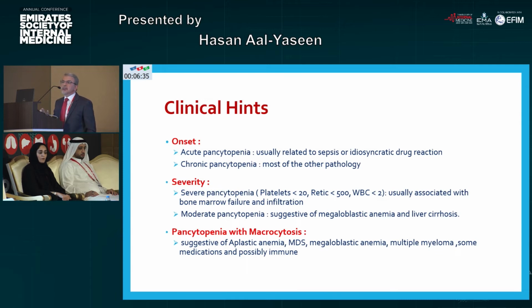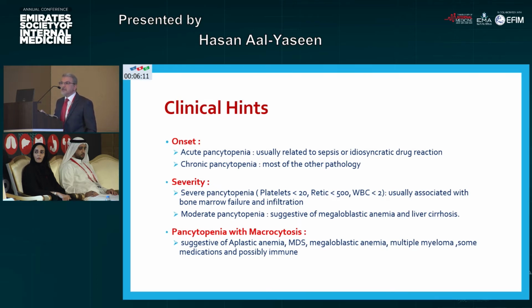What about the clinical hints that might help us to approach cases of pancytopenia? If pancytopenia is acute, we have to think about sepsis or idiosyncratic drug reactions. All the other causes will probably lead to subacute or chronic pancytopenia. Now, the severity of pancytopenia.